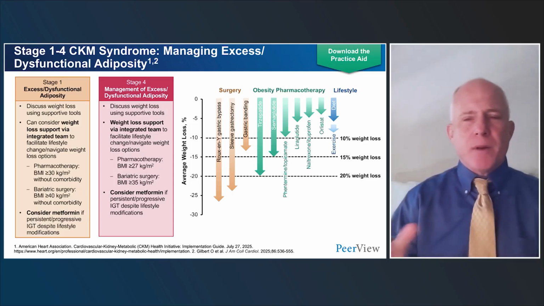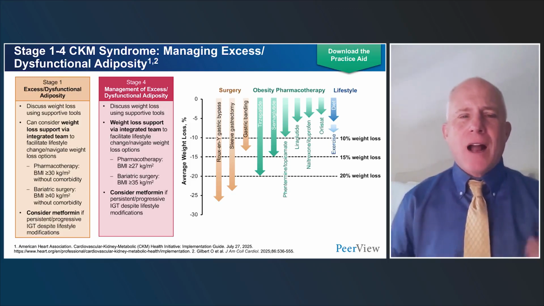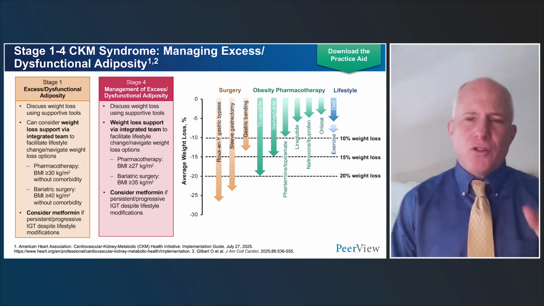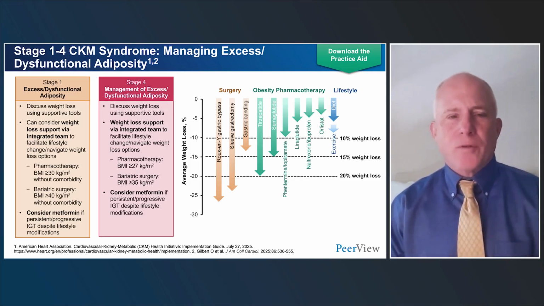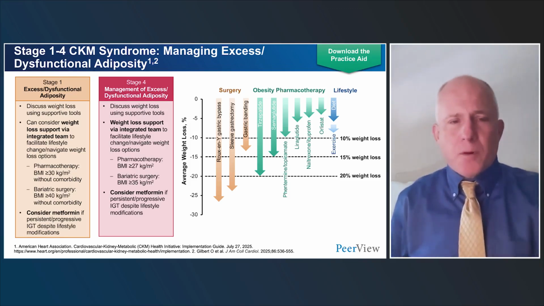So now I'm going to get to the American Heart Association CKM guidelines. And I want to highlight here that if you're looking at some of the different risk factors, you're going to have stage treatment based upon what their risk factors are. So at stage 0, we're going to prevent adiposity.